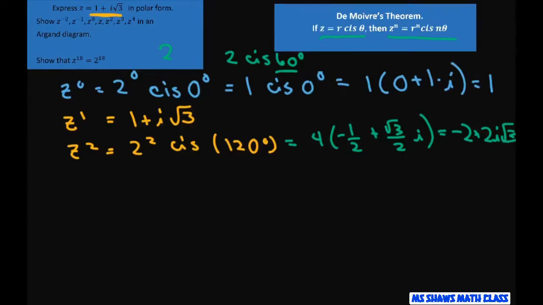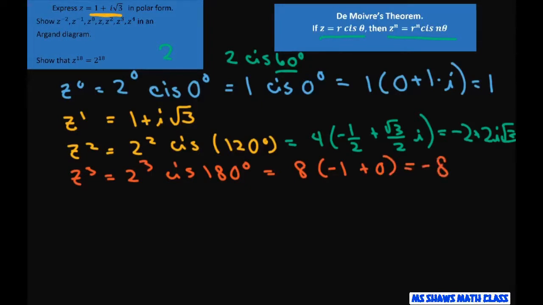All right. z cubed equals 2 cubed cis of 180 degrees, because that's 3 times 60, which gives you 8 times negative 1 plus 0, which equals negative 8.